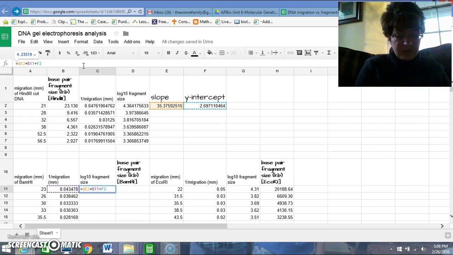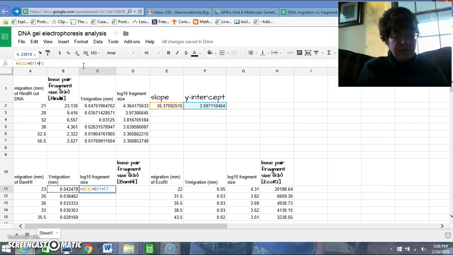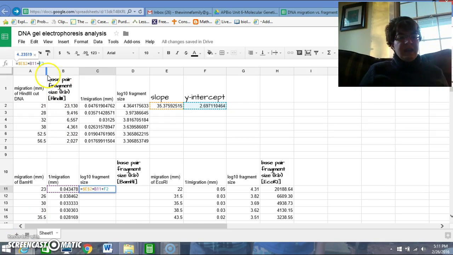I don't want it to change the row or the column, so I'll put $ signs there for the slope. And I'm also going to put $ signs for the intercept because I also don't want the cell for the intercept to change.